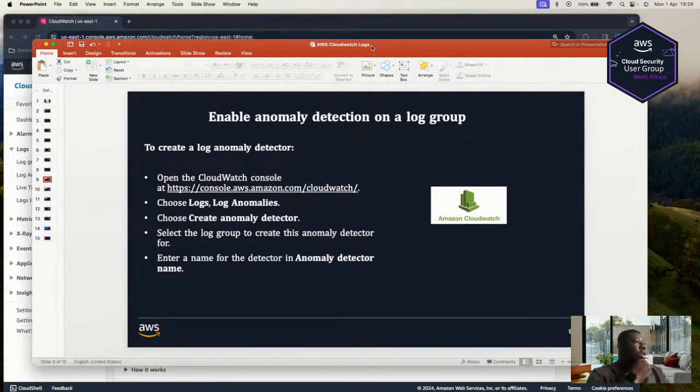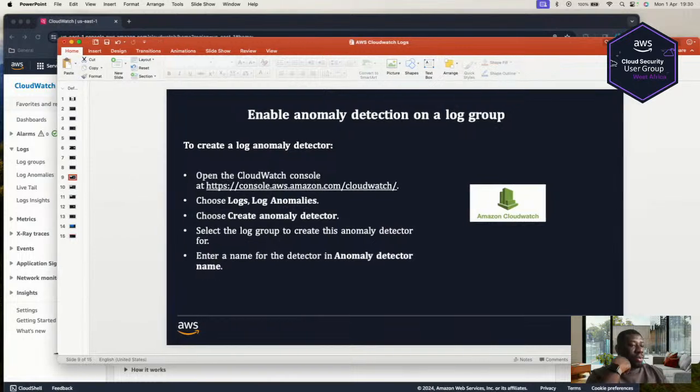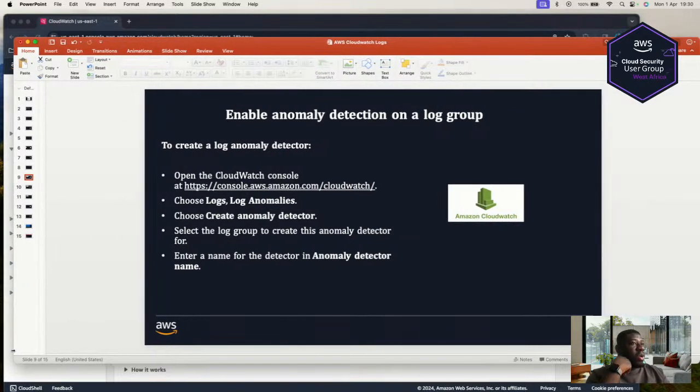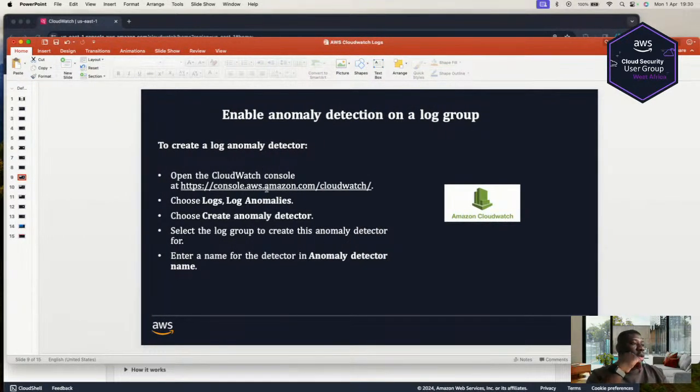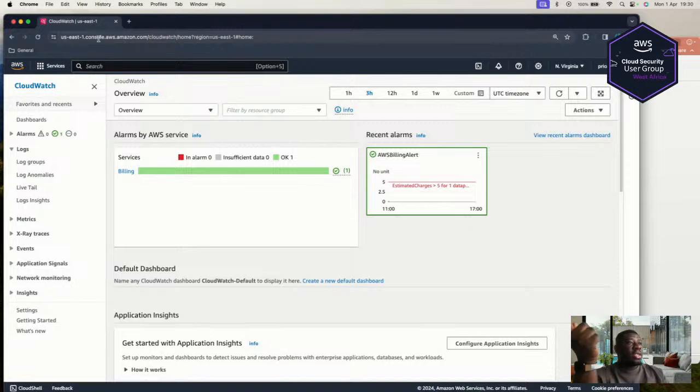Here you can see it says the first thing we need to do to enable anomaly detection on a log group is to go into this link, which is nothing but what we currently have here. You can see this is the CloudWatch link.